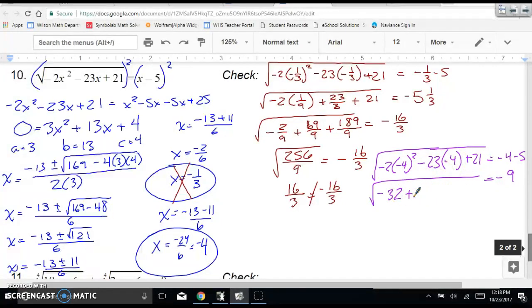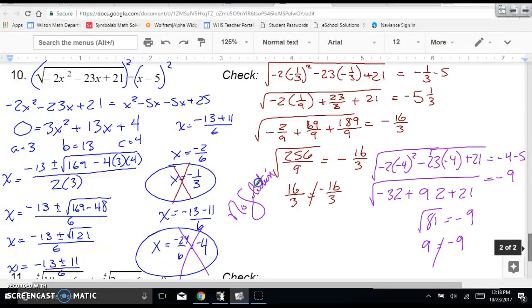Negative times negative is positive, and that will be 92. All right, so 92 and negative 32 make 60. 60 plus 21 is 81. And the square root of 81 is 9. And 9 again is not equal to negative 9. So we have a second extraneous solution. So there is no solution. This one would be your conclusion. And if you check it graphically, that's true as well, because they never meet.